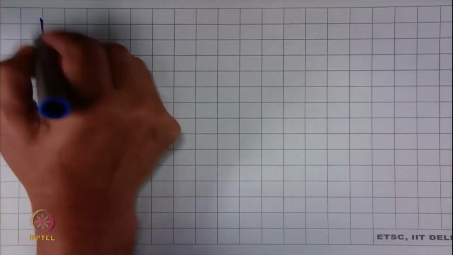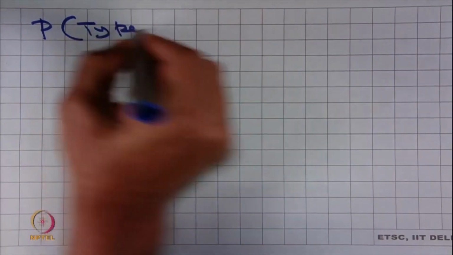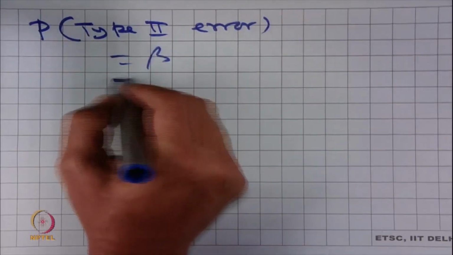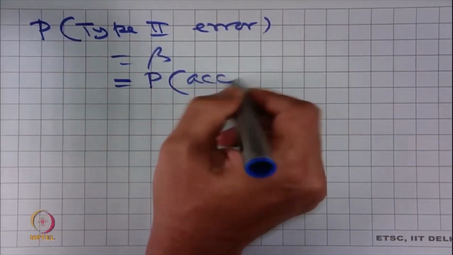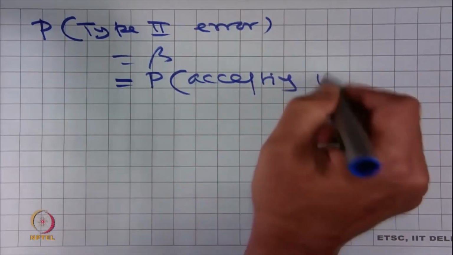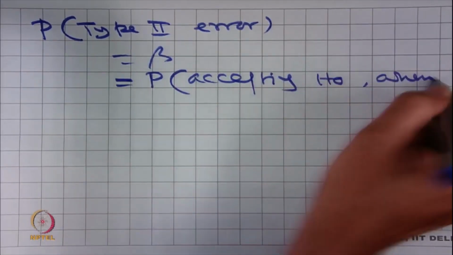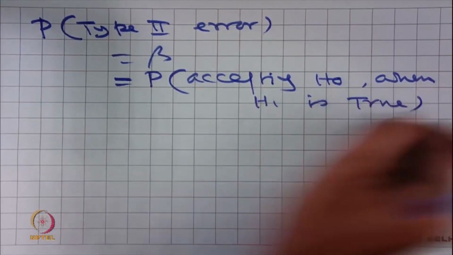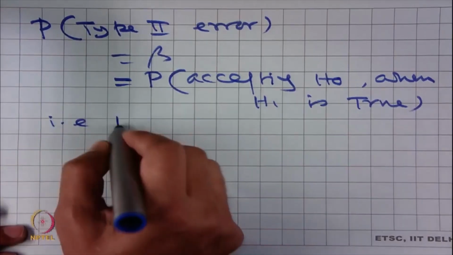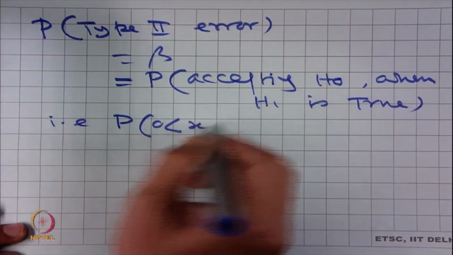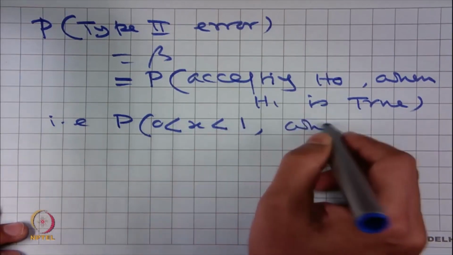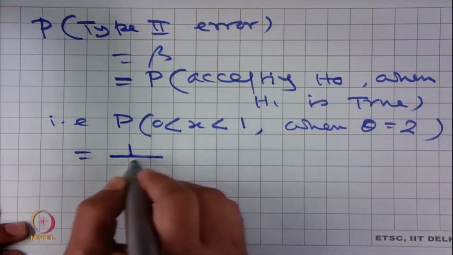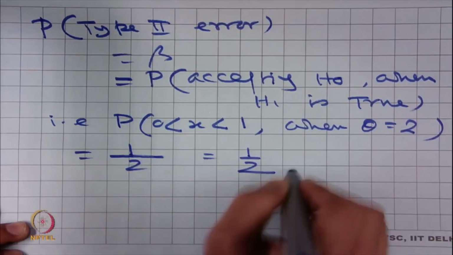What is the probability of type 2 error? It is equal to beta, which is the probability of accepting H naught when H 1 is true, that is the probability of 0 less than x less than 1 when theta is equal to 2, which is 1 upon 2, is equal to half.